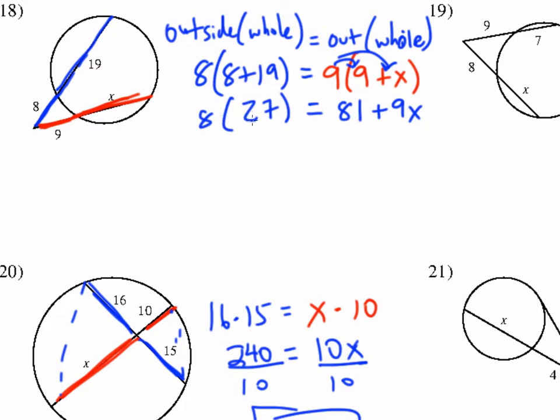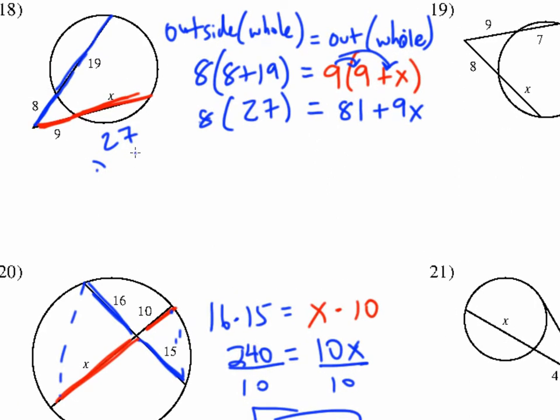Then 8 times 27: 8 times 20 is 160, 8 times 7 is 56. So 160 plus 56 is 216, but you can double check that. 2 times 7 is 56, 2 times 8 is 16 plus 5. Yep, 216.